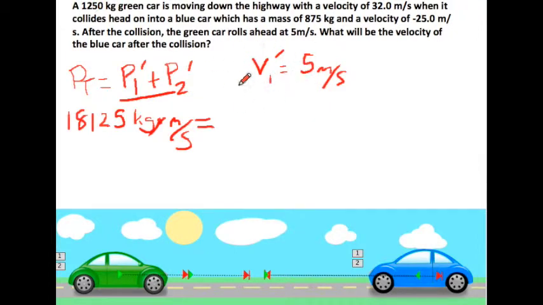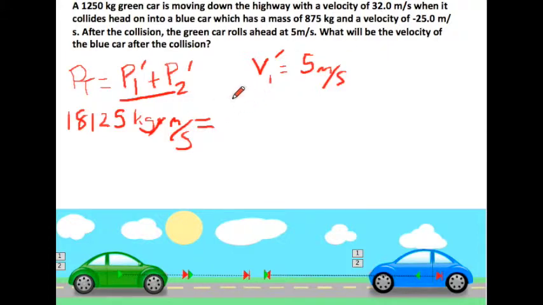So now how do we deal with this? Its mass is still the same. So I simply write down the mass of 1250, and if I multiply them together, I will get a new value.